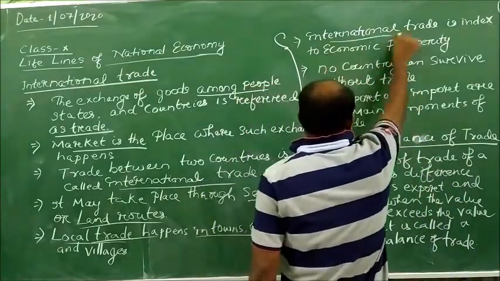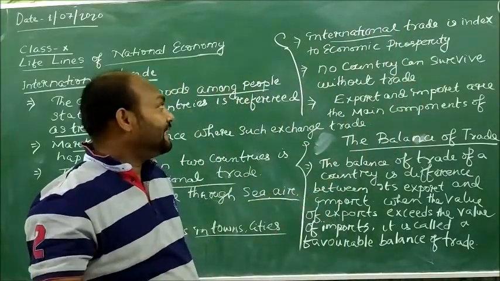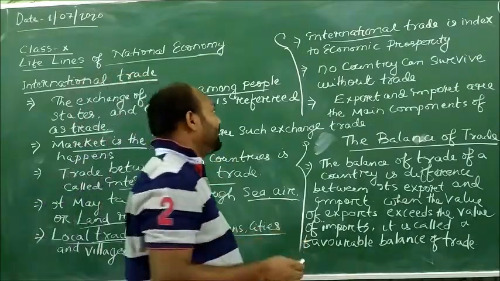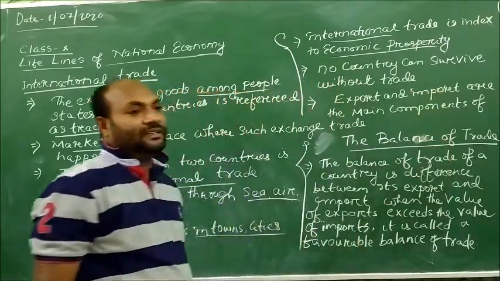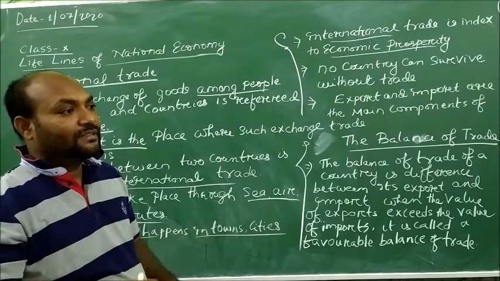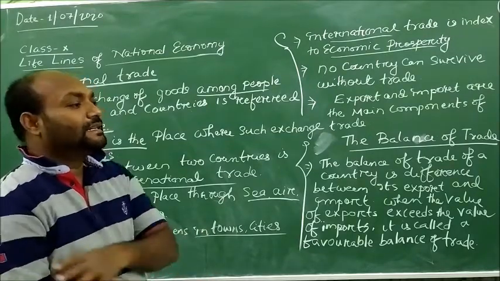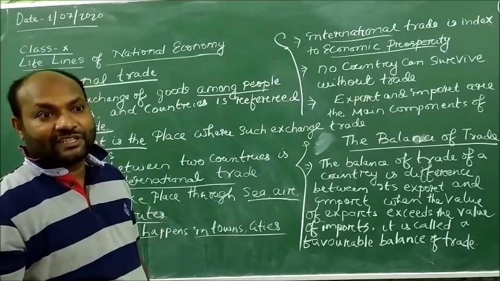Right now, dear children, here we need to understand that if we have international trade, then it is a sign of economic prosperity. Why is it a sign of economic prosperity? Because when we have trade relations with other countries, other multinational corporations and companies, it is a sign of foreign exchange.